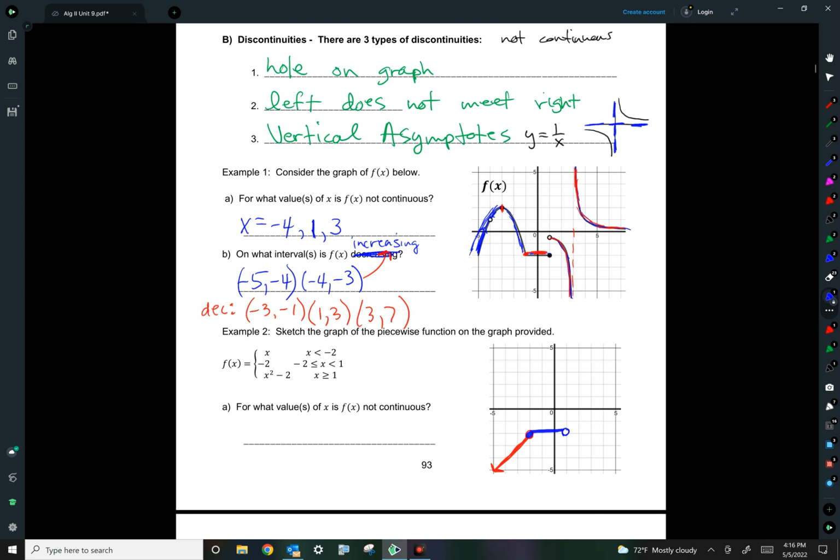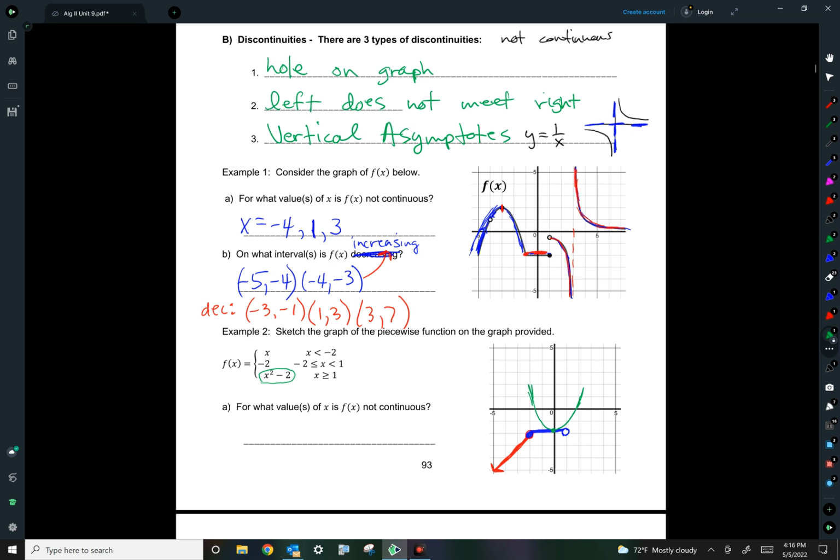Okay, and so now we look at the third equation, x squared minus 2. Isn't that a parabola that's been moved down 2? So if I have a parabola that's moved down 2, there's the vertex, and it's going to do something like that, right? My parabola moved down 2. All right, but what part of that parabola do I want?